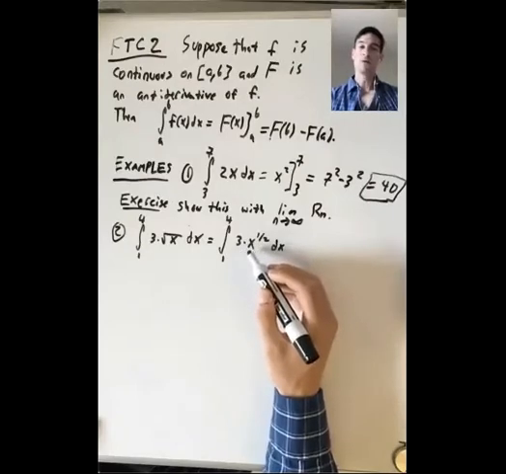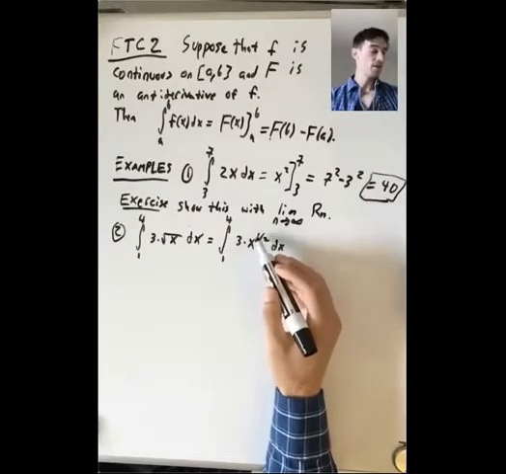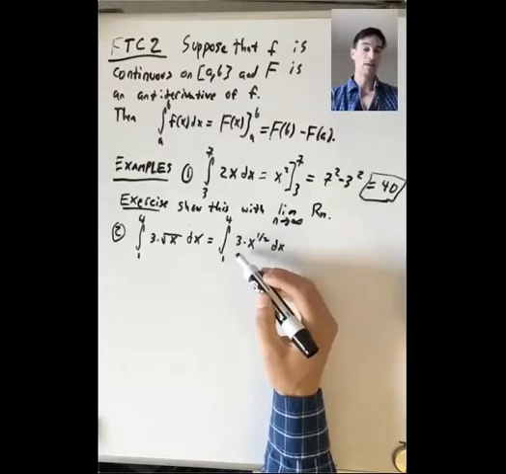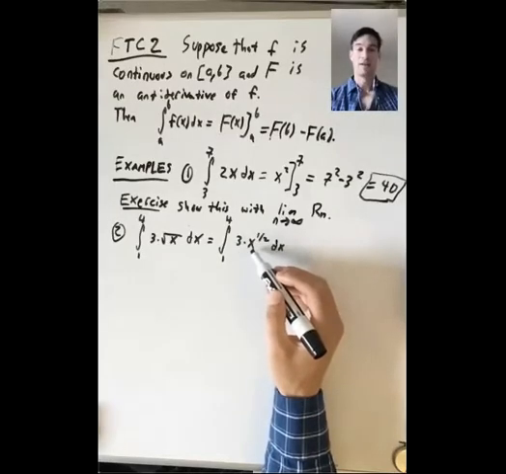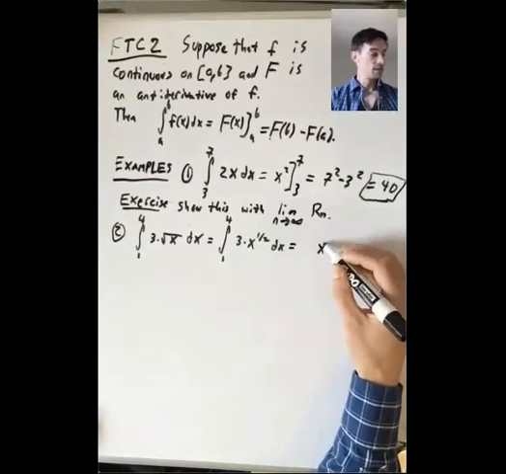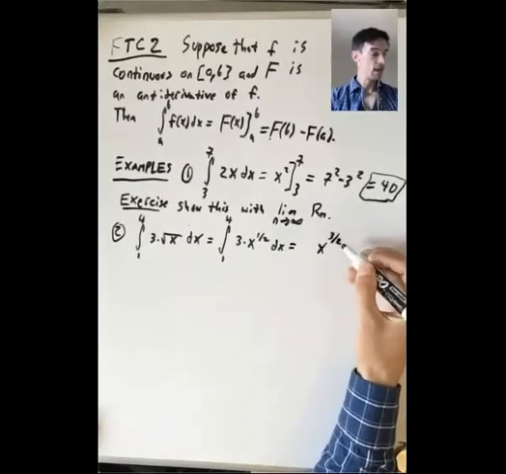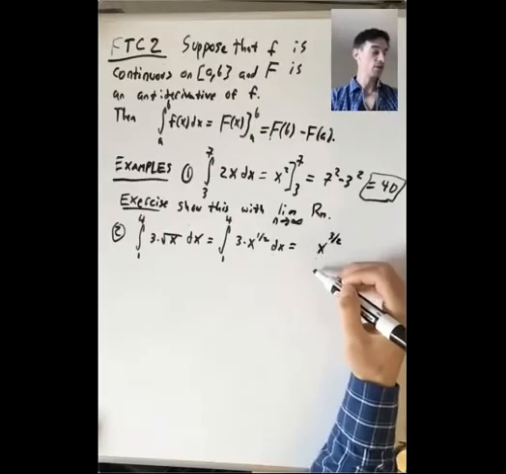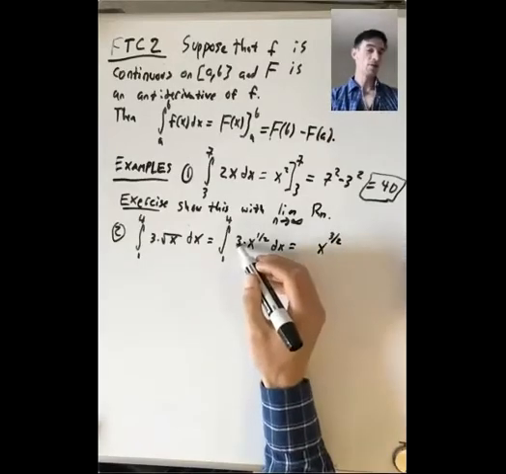Well, by the power rule, if you take a derivative of some number times x to the 3/2, the exponent comes down by 1, and you'll get some number times x to the 1/2. So the question is, what is that number? So it's going to be something times x to the 3/2 is our antiderivative. If you take the derivative here, you get 3 over 2. And we want the 3, but we don't want the over 2.